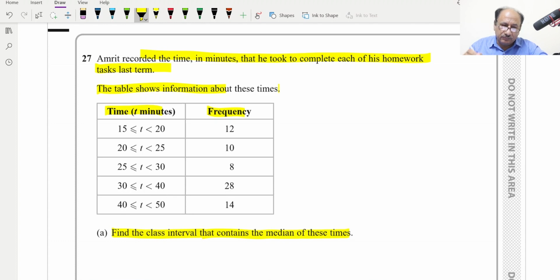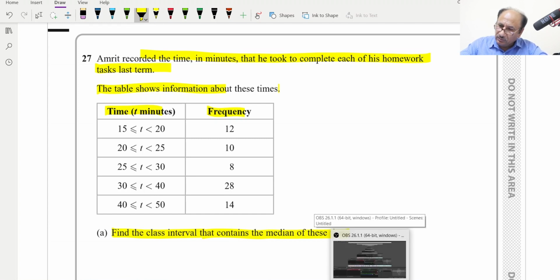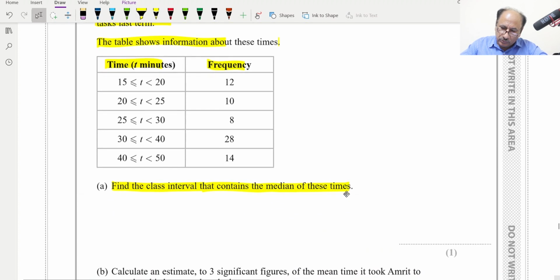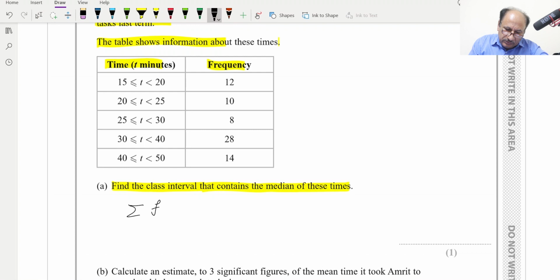Median. To calculate the median, we will add the frequencies, and the sum we can write as sigma f.